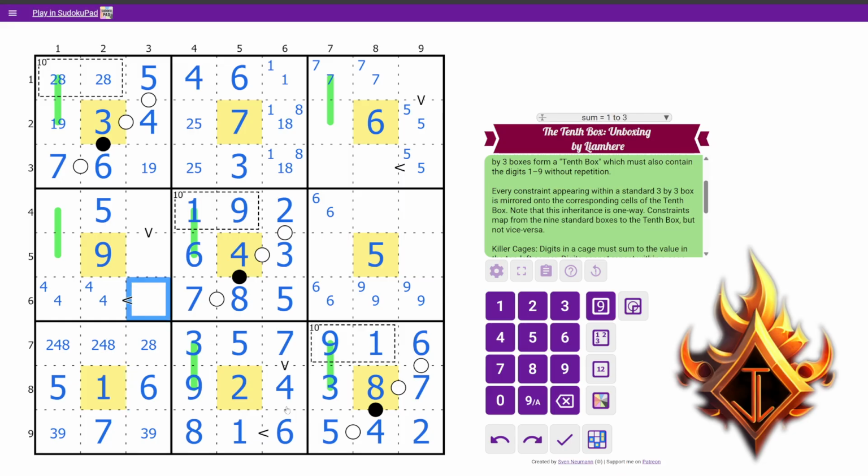This cannot be a 6 now. So 4 less than cannot be 5, 6, 7, 8, 9. So that is not 4. 4 will be up here.